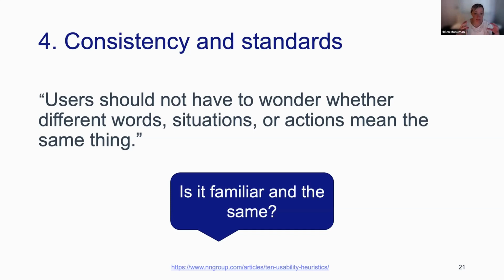So we want things to be consistent within the particular system that we're talking about, but we also have conventions that we follow if we were working in iOS versus Android, for example, or other browsers or that sort of thing. So what we want to do again is leverage that idea that we have things that are familiar for people and the same, and that's where they're going to look for them.